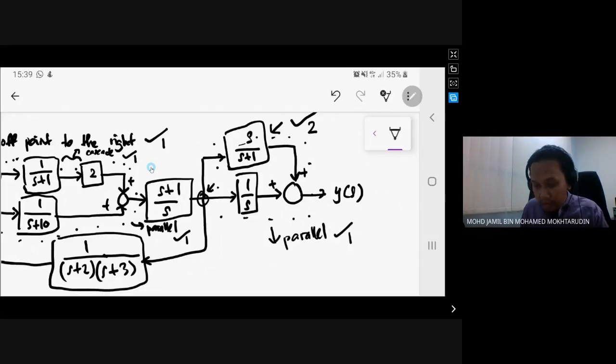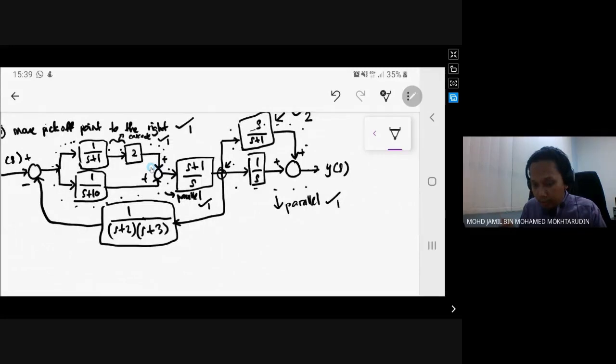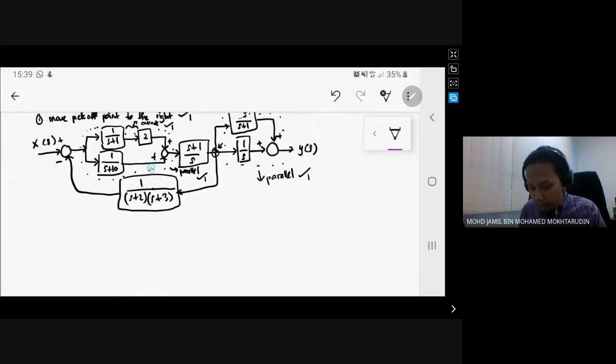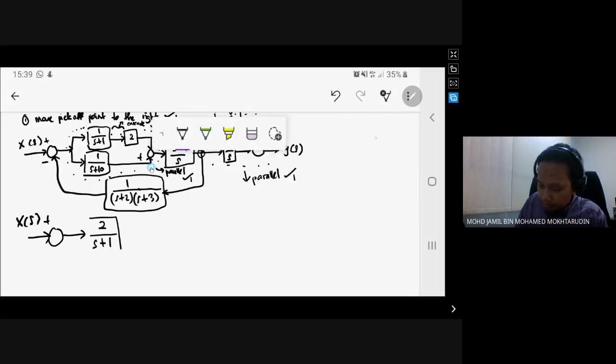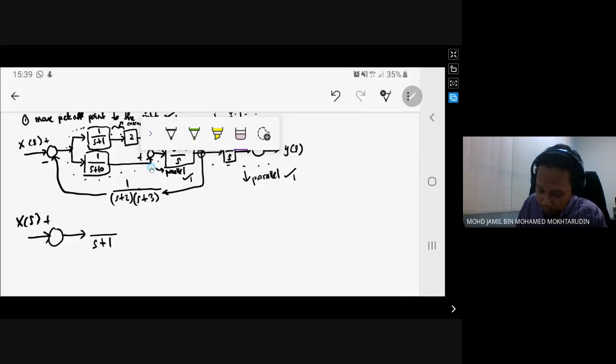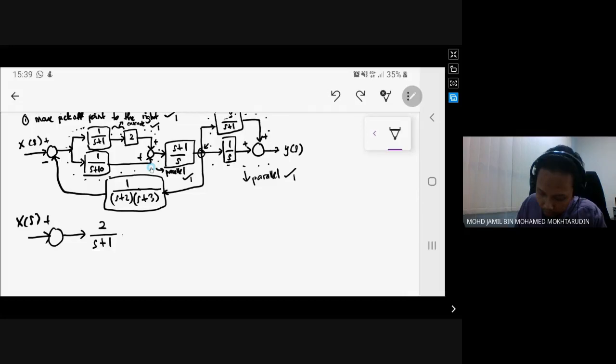So another mark here, so 3 marks. And then you can redraw the system to simplify the drawings. So here you will get 2 over s plus 1, plus 1 over s plus 10.